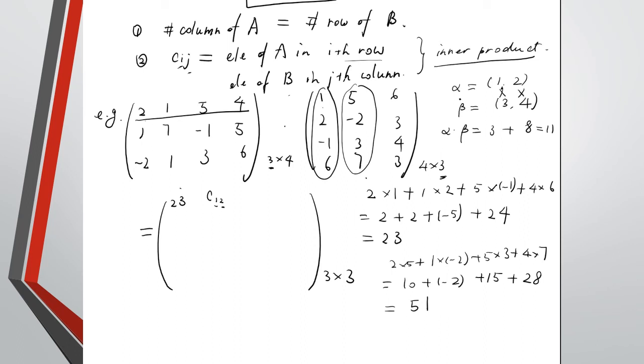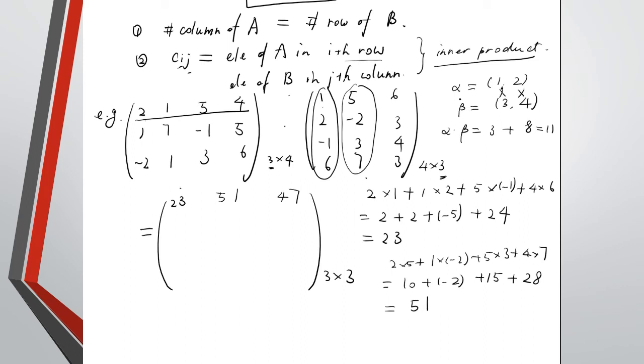So did you pause the video and calculate the other elements in the product matrix C? If you did, perfect. Let's double check if you got the correct answer. We got the first one as 23, second one as 51. I will move this a little bit here to make it more clear. And the third one in the first row will be 47.